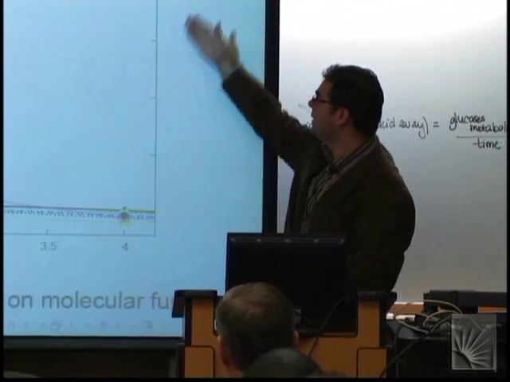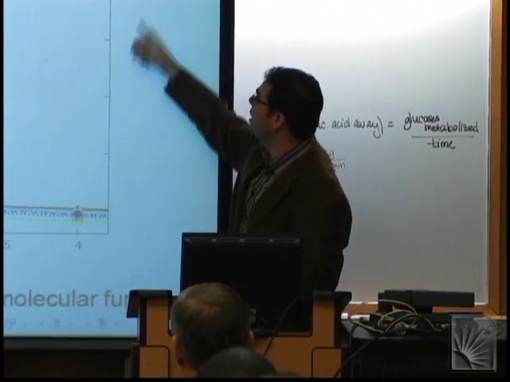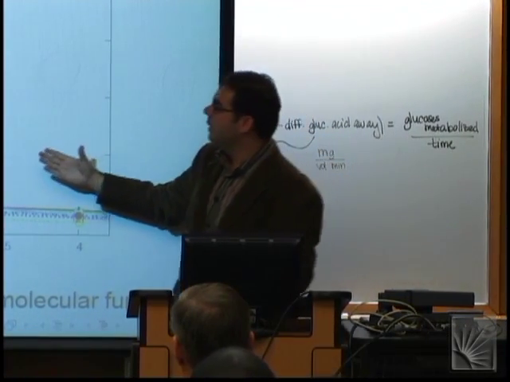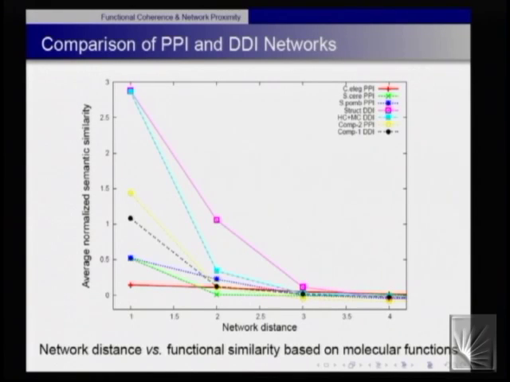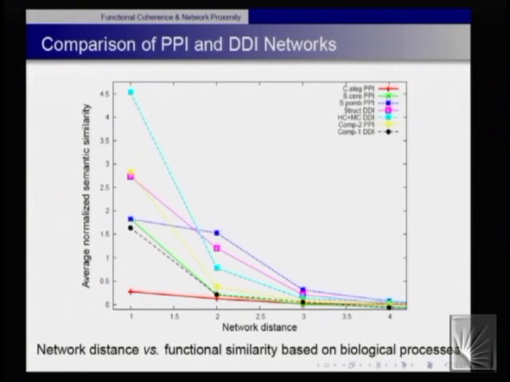So we also compared different networks using our measure, and we showed that the relationship between network distance and functional similarity is more apparent on more reliable networks when we use our measure.